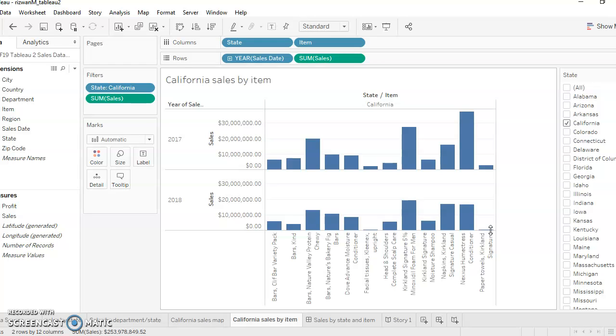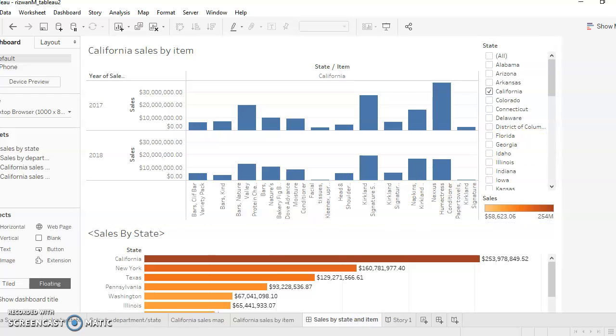With that being said, I decided to put it onto a dashboard. Dashboards basically show a side by side comparison of two different worksheets.